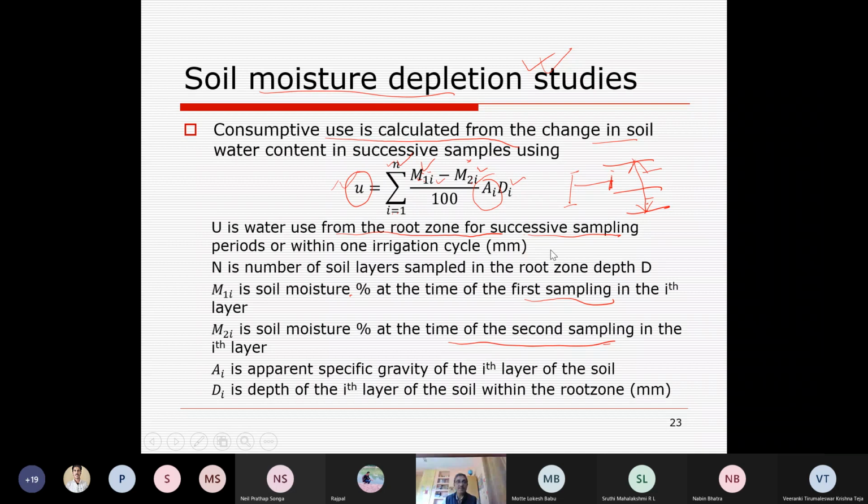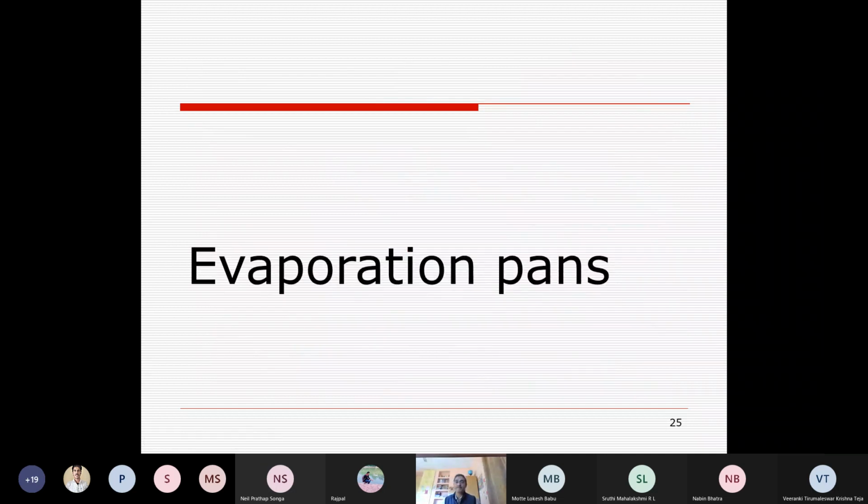So after measurements, it's basically the pan. What is ET? Loss of water from the soil surface, that is evaporation, and from the plant surface, that is transpiration. So the idea is simply, if we put a bucket or any pot filled with water in the same vicinity or in the area where the crop is, the loss of water is because of the atmospheric characteristics.